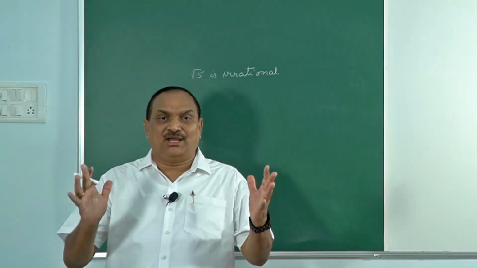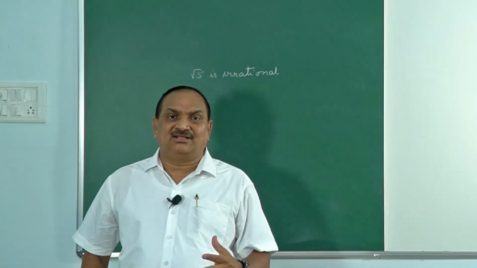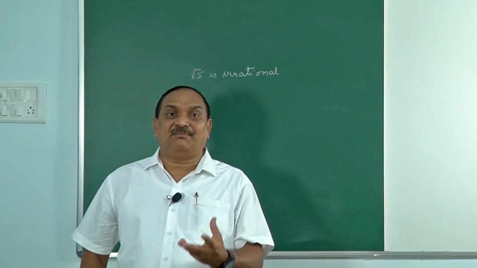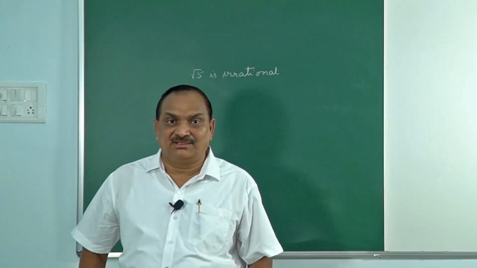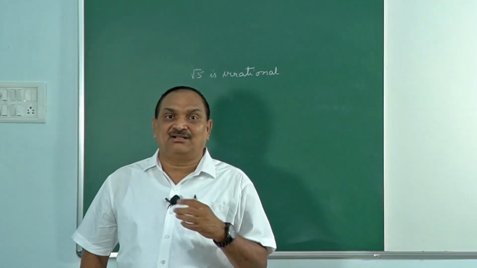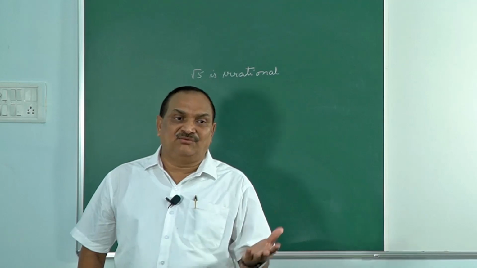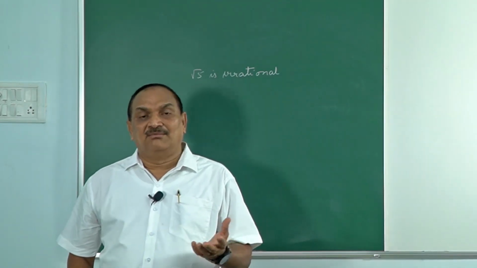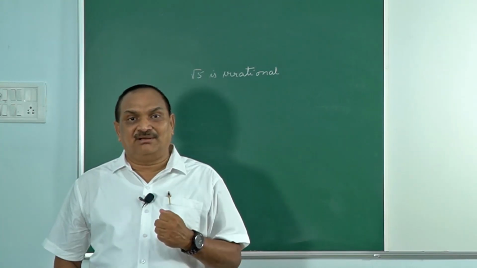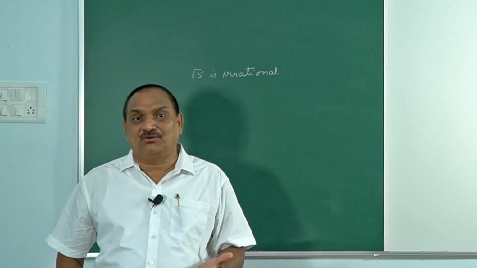What is going to happen? He is telling that it's irrational, but I make a supposition: what happens if I think it's a rational number? It's only a supposition, not actually proved. If you think that it is a rational number, you should be able to write it in the form of p on q.